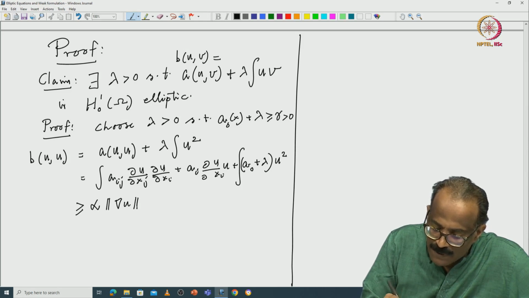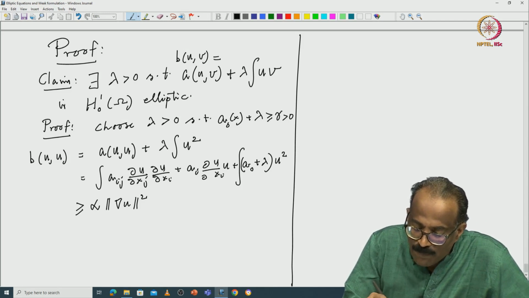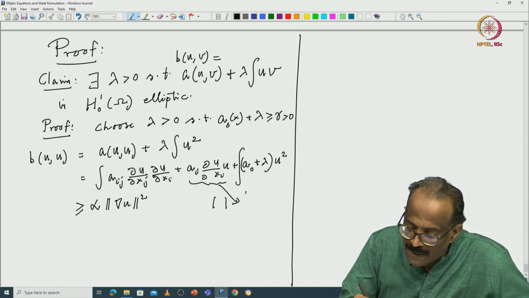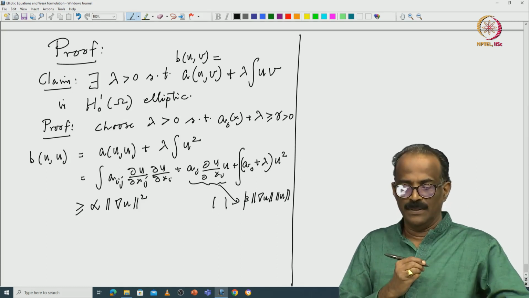Here this a_i is a bounded quantity. So, the modulus of that can be estimated by some beta into norm of grad u into norm of u.